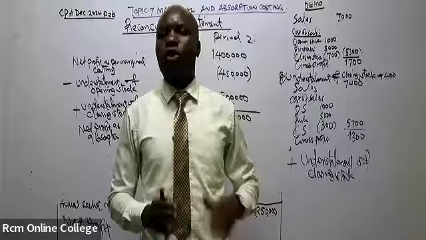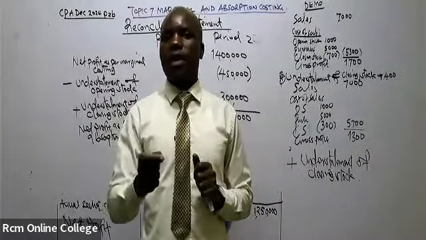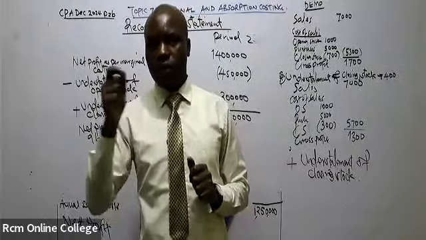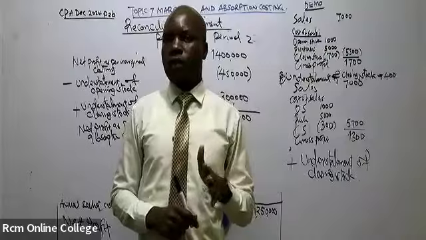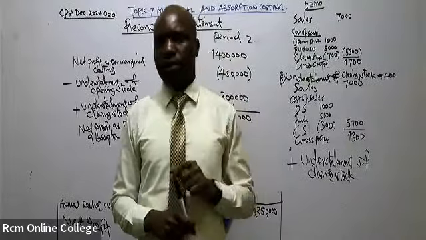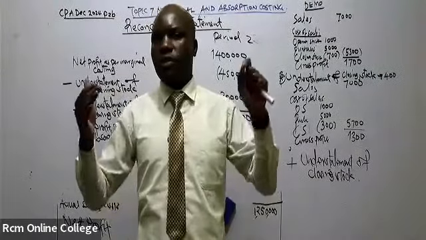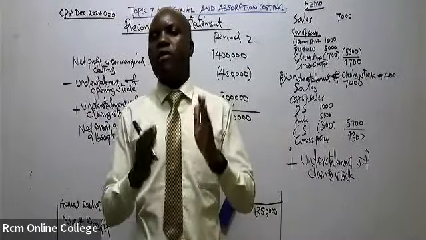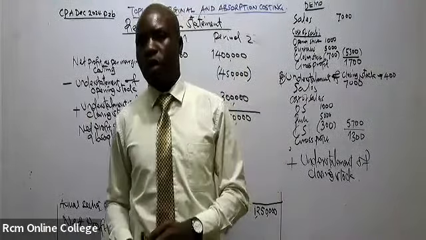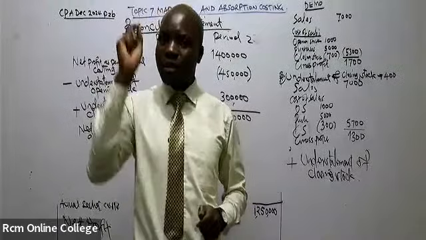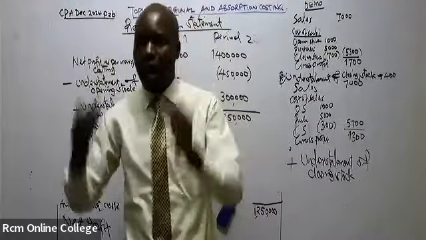I said you are supposed to look for actual fixed selling and administrative costs, actual fixed production overheads, actual administrative costs. If you are not given actual, you take budgeted as the actual. But in the question, the examiner said the budgeted were equal to the actual.